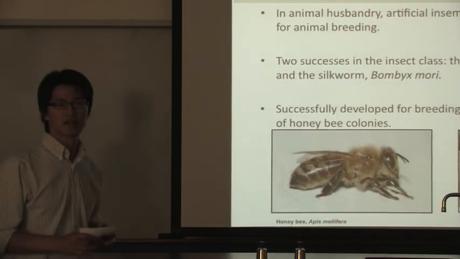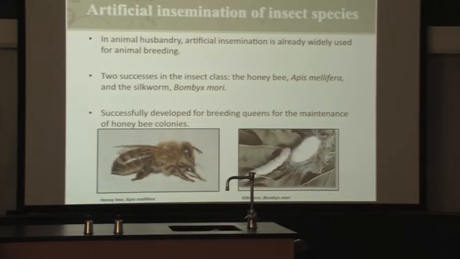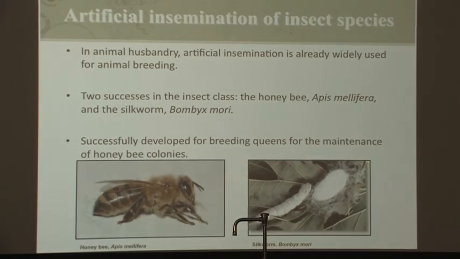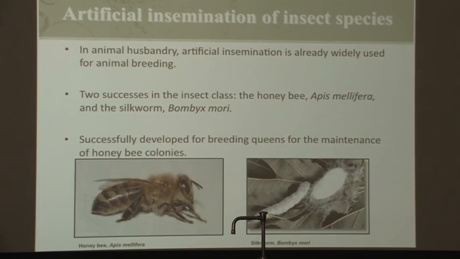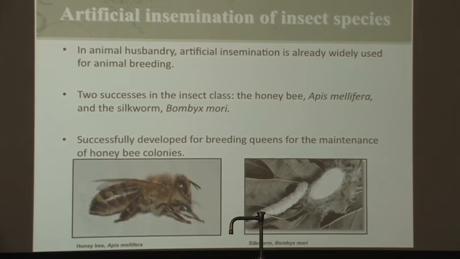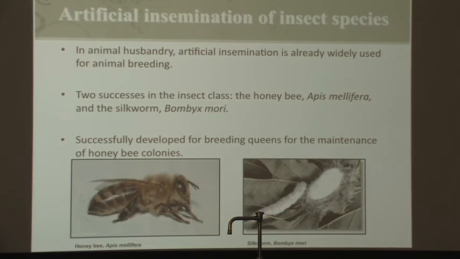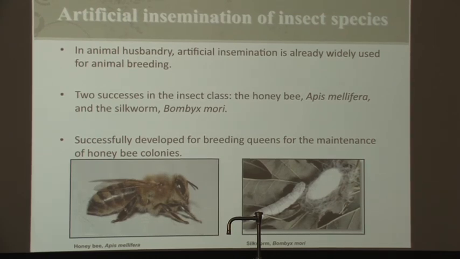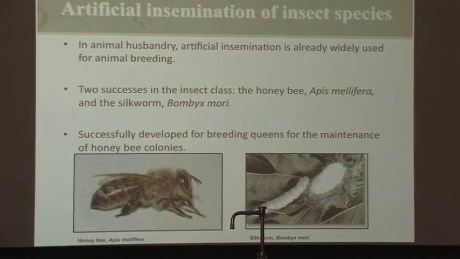Next, I want to talk about the artificial insemination of insect species. In animal husbandry, artificial insemination is widely used for animal breeding, such as cats, sheep, or pigs. But among invertebrates, there are only 2 successful artificial inseminations in insect species. The first is the honeybee Apis mellifera, and the second is the silkworm Bombyx mori.